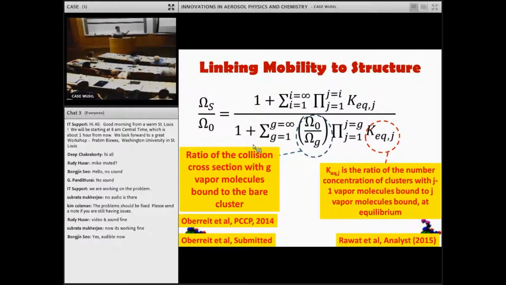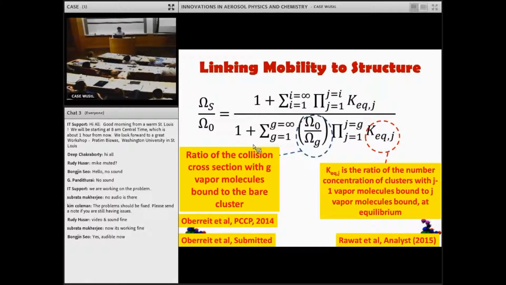So J water vapor molecules, J+1 water vapor molecules, as well as the collision cross-section you would expect specifically with a certain number of water vapor molecules bound. So during the measurement, as the ion traverses the DMA, it doesn't always have the same number of vapor molecules bound, sometimes 2, sometimes 3, sometimes 4, but it probes the equilibrium distribution.